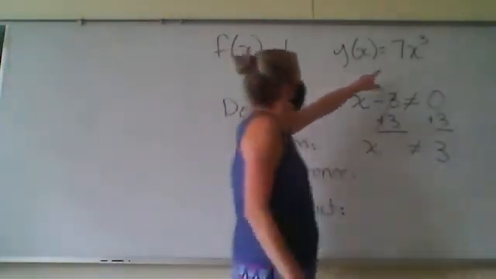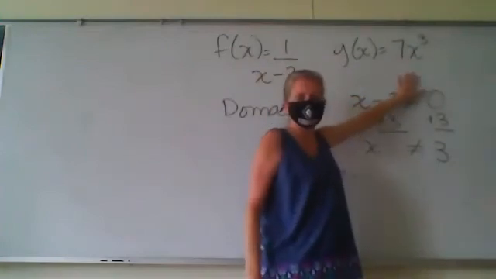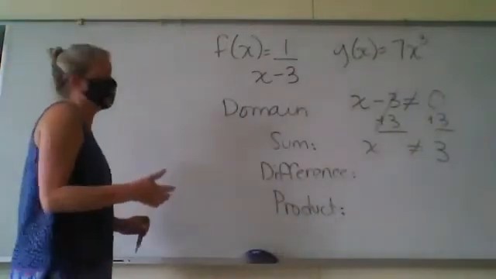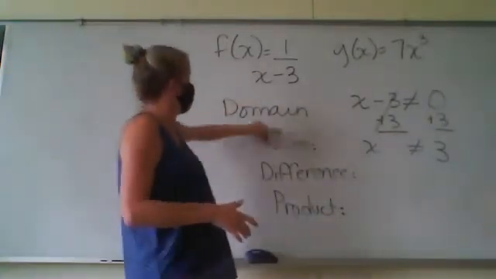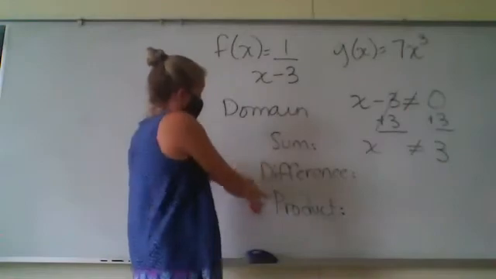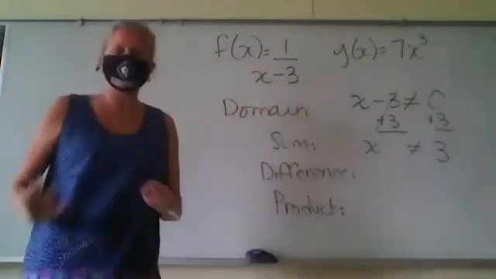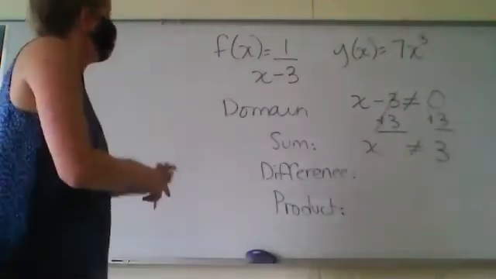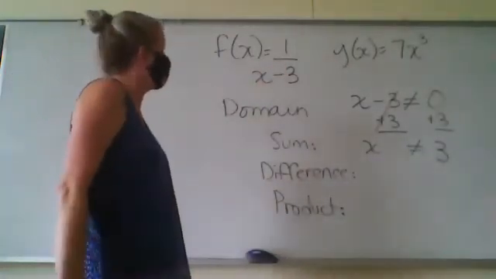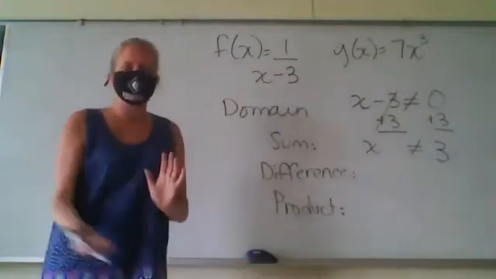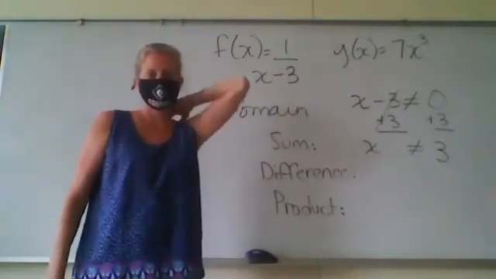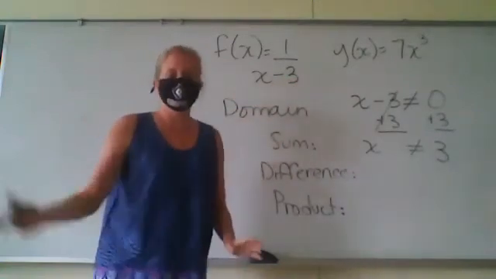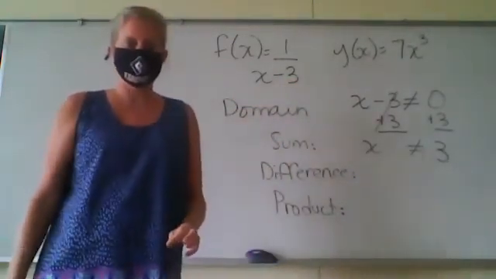Does this one have any restrictions? No, because it doesn't have an x in the denominator. So here's the thing. You do not want to take the time to actually add, subtract, and multiply those two functions. That's a lot more work than how hard this problem needs to be. If I added those two functions together, I would still have an x minus 3 in my answer. If I subtracted these two functions from each other, I would still have an x minus 3 in my answer.